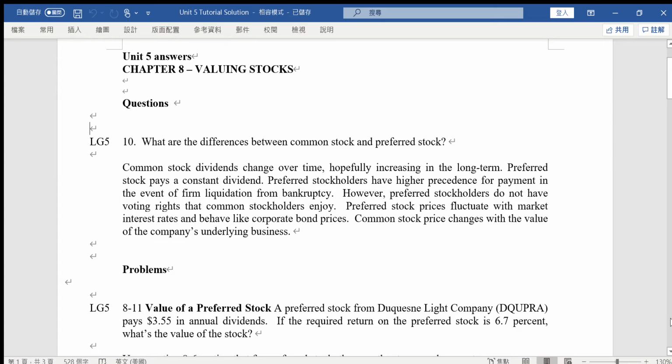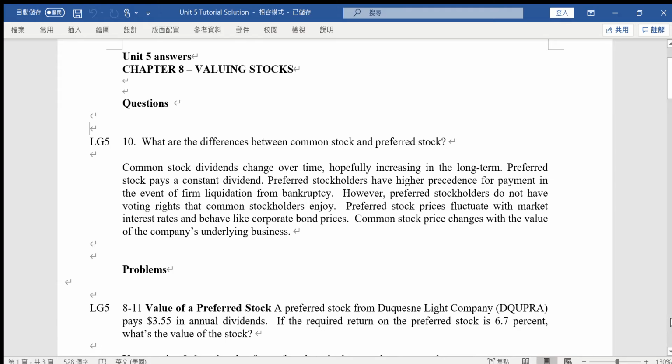Other than that, the future growth prospects of the company, and also the stock market situations and the economic situations. There are some factors that will affect the common stock.